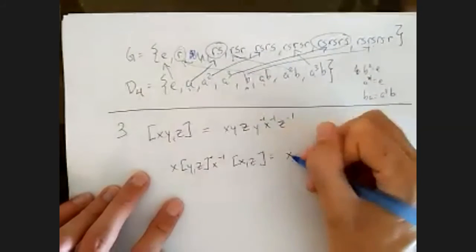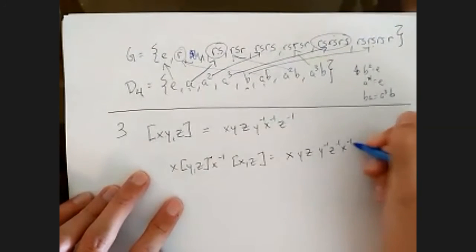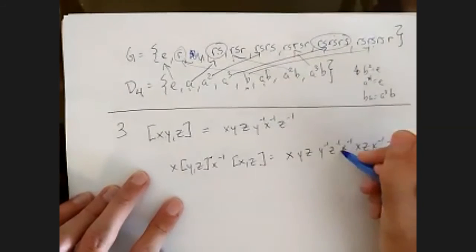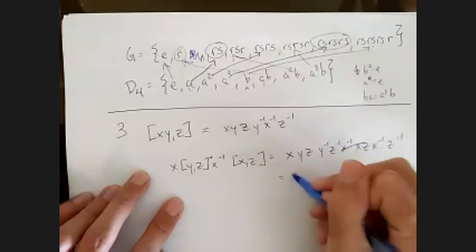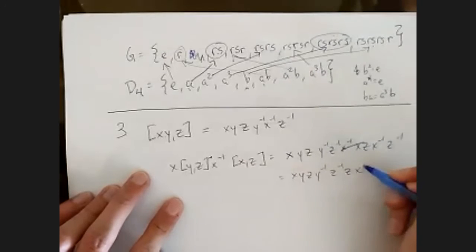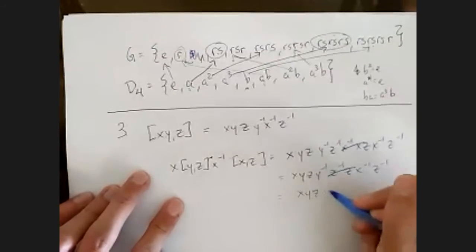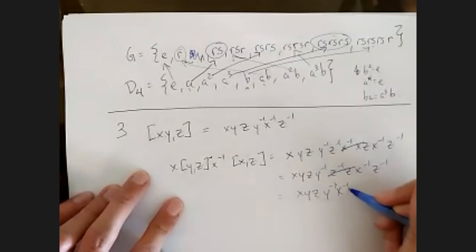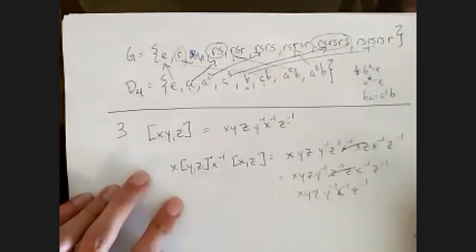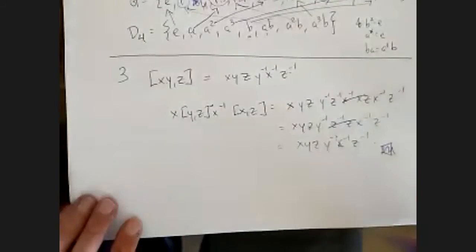You get x, y, z, y inverse, z inverse, x inverse, and you get x, z, x inverse, z inverse. Now you just cancel. You cancel again. You get the same thing as here. So that is all you have to do. The end. That is it for question 3.